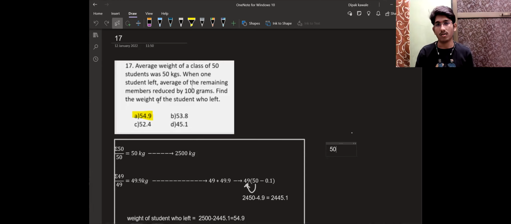Okay, so tell me now, is this 50 plus or 50 minus? That means it is less than the average or more than the average? Definitely it will be more than the average, because 100 grams are reducing, मतलब उसका कुछ तो योगदान है कि इसकी वजह से अपना इतना बड़ा एवरेज हो रहा है. अगर वो बड़ा वैल्यू अपन निकाल रहे, दैट्स व्हाई इट इज डिक्रीजिंग ना.